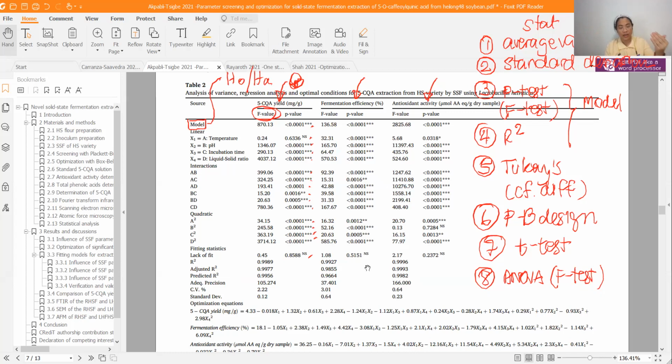Once you know them, if the p-value is very small, in this case less than 0.05, if they do the test at alpha 0.05, that means you are rejecting H naught, right? You are rejecting H naught, and that means what? Depending on what the H naught and HA are.